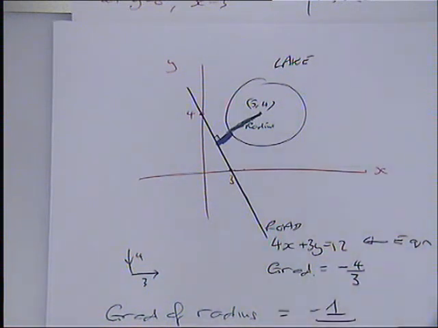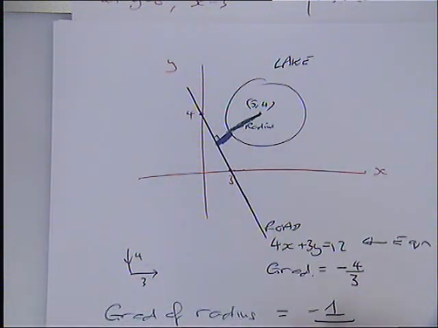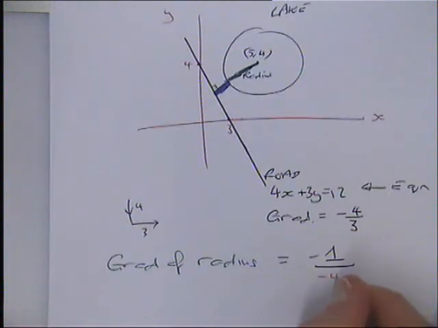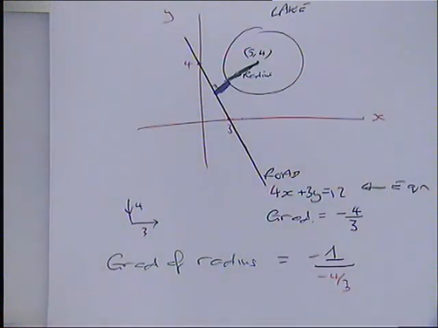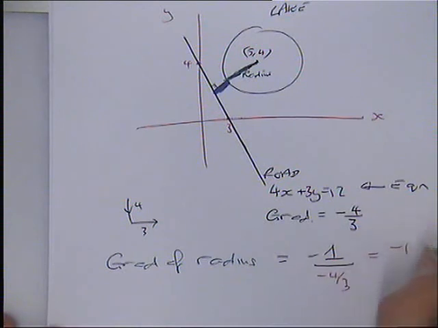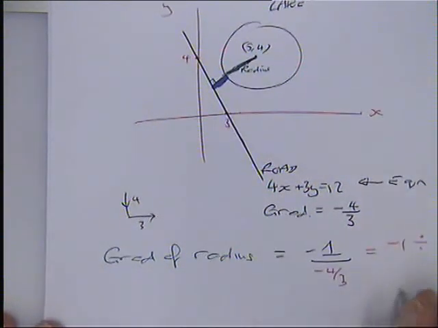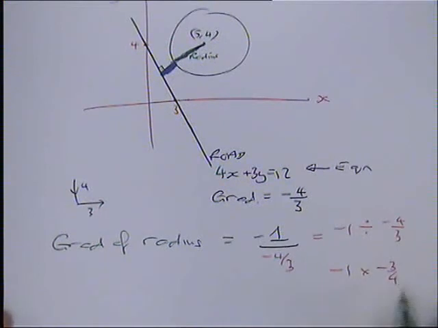Negative 1 over minus 4/3. That means minus 1 divided by minus 4/3. Keep, change, flip. And minus times a minus gives you a plus, and 1 times 3/4. So, okay, the gradient of the radius is 3/4.